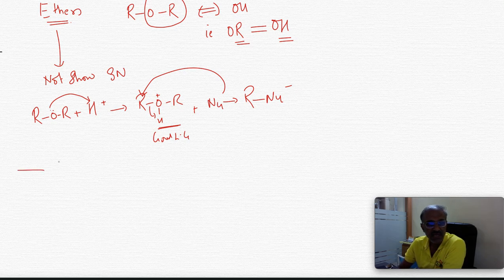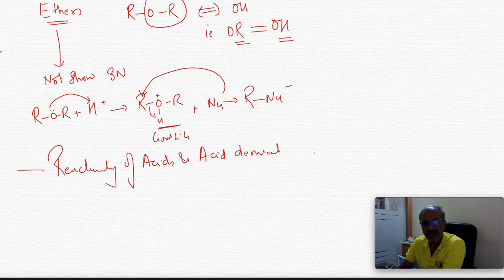Now we will see another topic: the reactivity of acids and acid derivatives. Acid in the sense COOH. Derivative means, take for example C double bond OR.